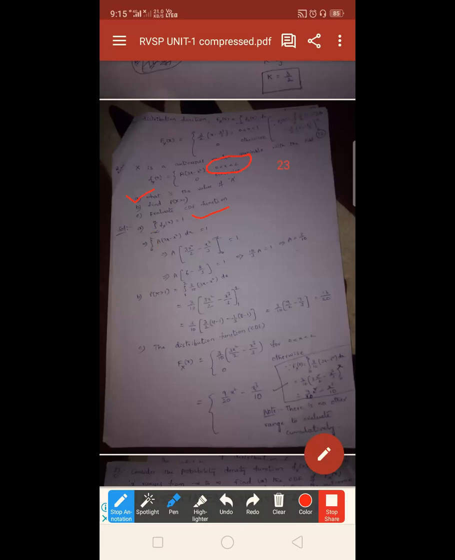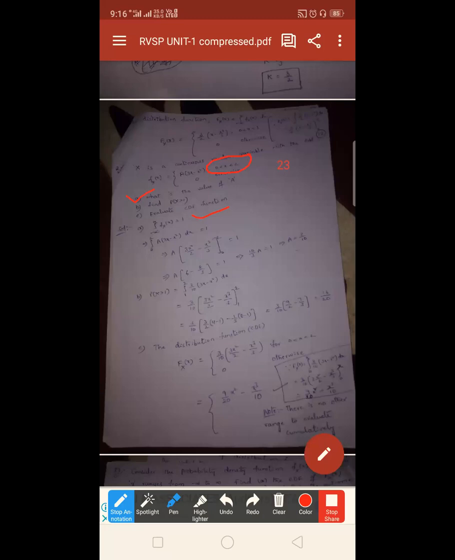Okay. Integral from 0 to 2 of A into 3x minus x square dx is equal to 1.